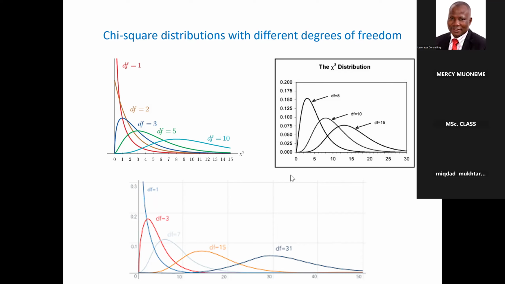As the degree of freedom increases, the chi-square begins to look like normal distribution. All those distributions, even T, even F, as the degree of freedom increases, they begin to look like normal distribution. We already said that it's normal distribution that is behind each of those distributions. Chi-square was derived from normal distribution. As the degree of freedom increases, it begins to look like normal distribution.